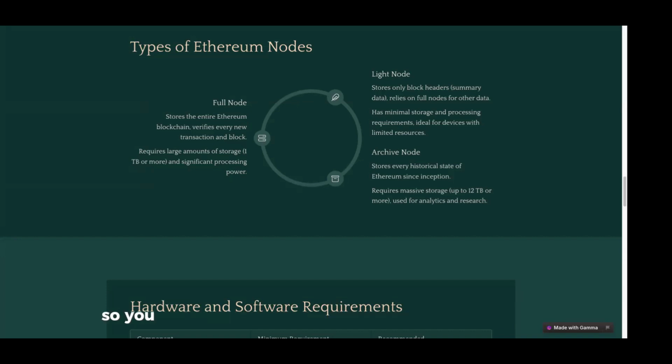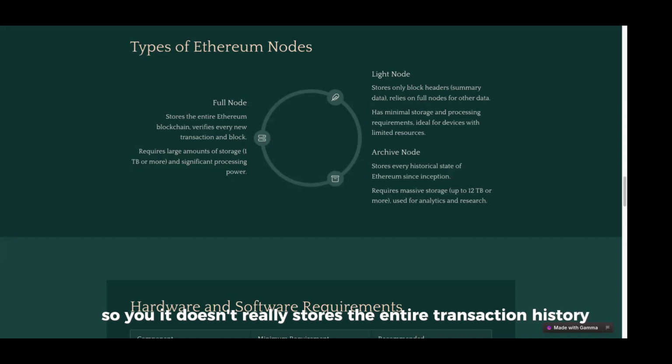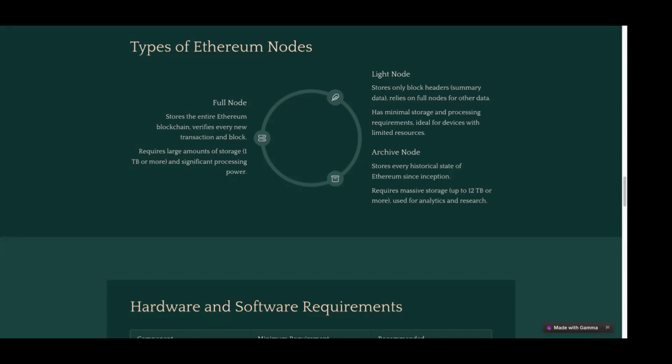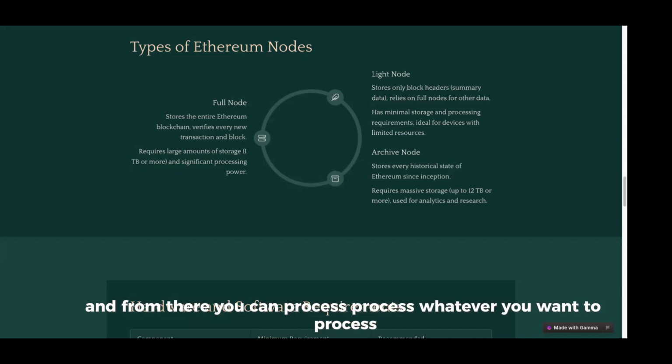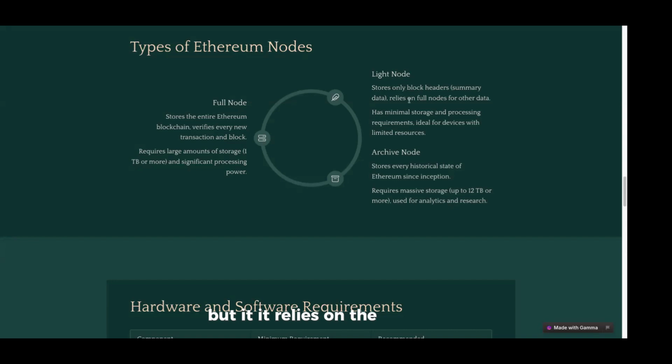It doesn't store the entire transaction history. From the block headers you can process whatever you want to process, but it relies on the full node to get more details regarding that data.